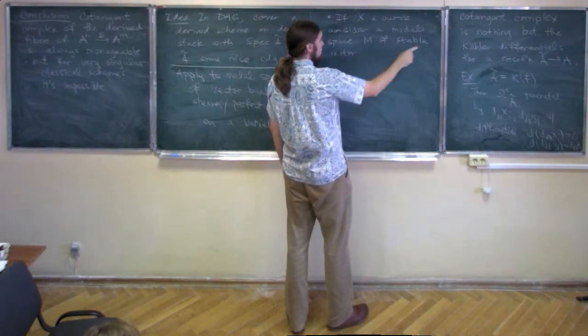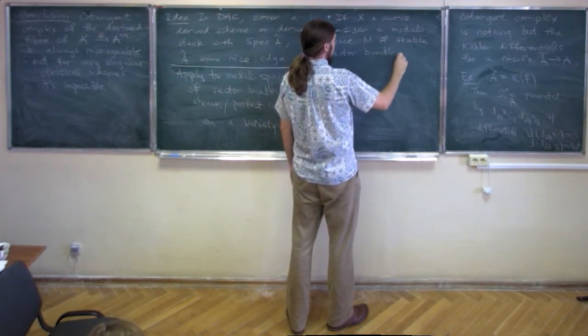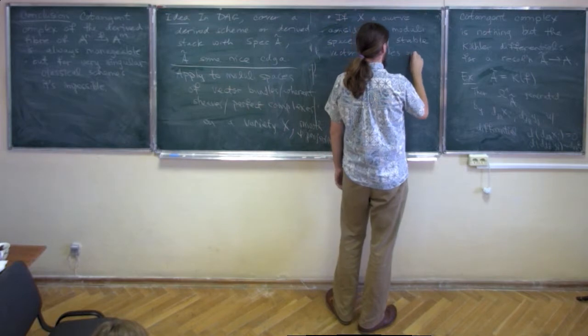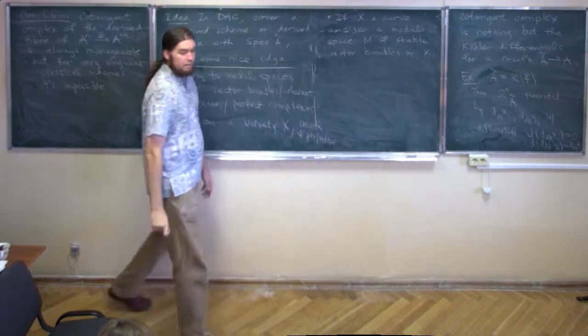All I really care about is that they're simple, so their endomorphisms are just scalars. Moduli space M of stable vector bundles on X.